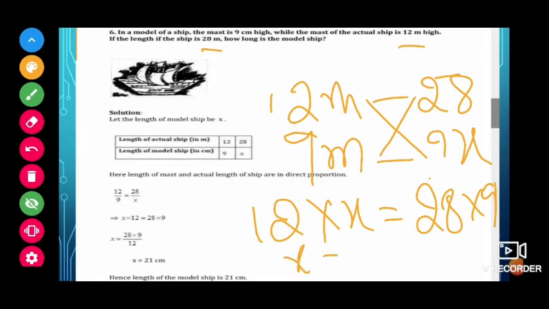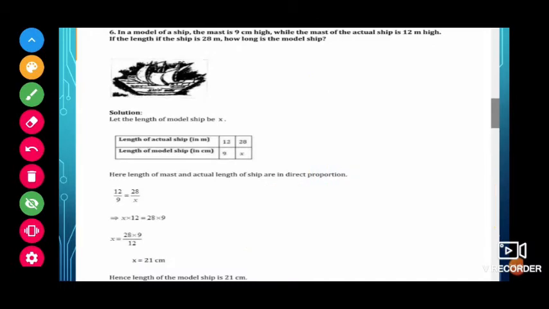Now x is equal to 28 into 9 by 12. Multiplication by 12 on this side becomes division by 12 on that side. Now how can we do it with the 3 table? 3 4s are 12, 3 3s are 9. Again 4 1s are 4, 4 7s are 28. 7 3s are 21.